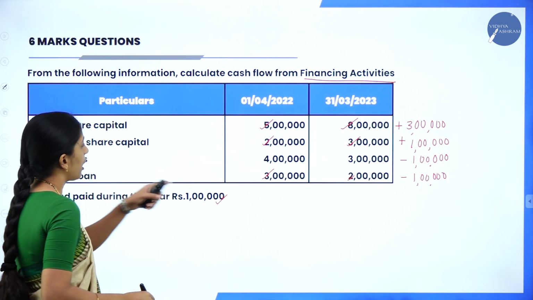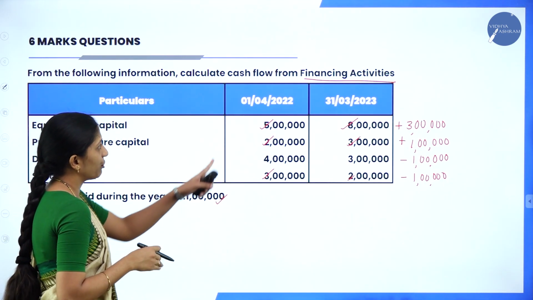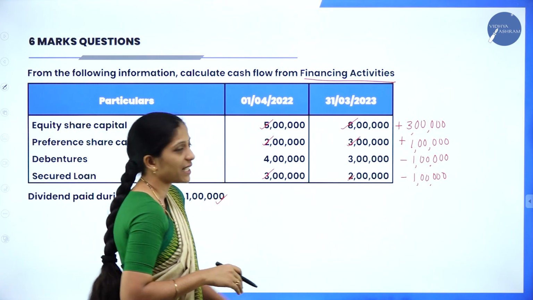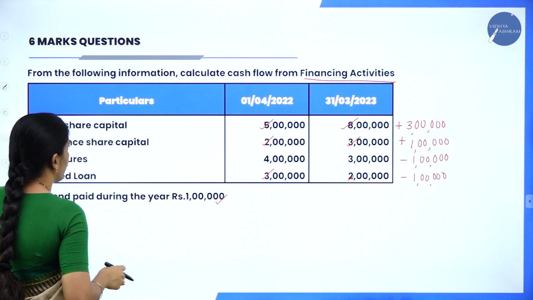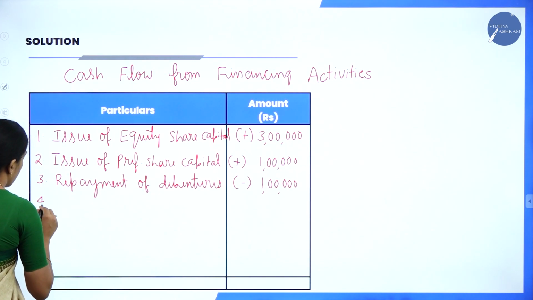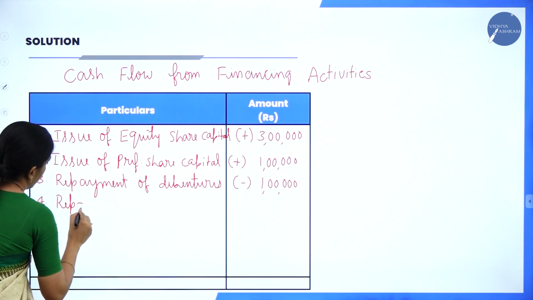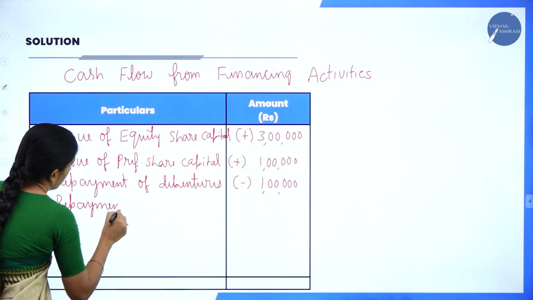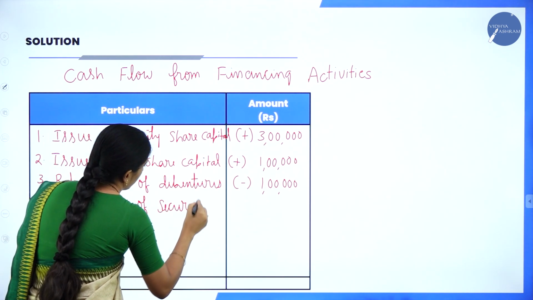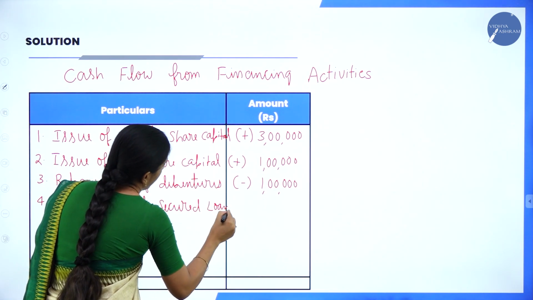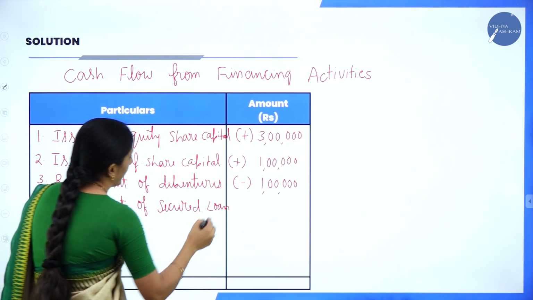Then again secured loan also, earlier it was 3 lakh in 2022, but in 2023 it is 2 lakh, so minus 1 lakh. So repayment of secured loan, and the amount is minus 1 lakh.